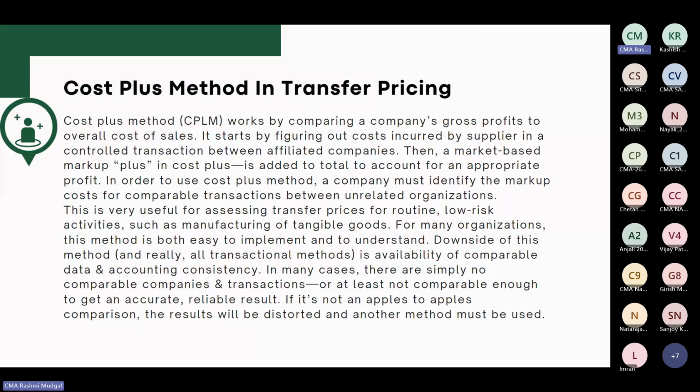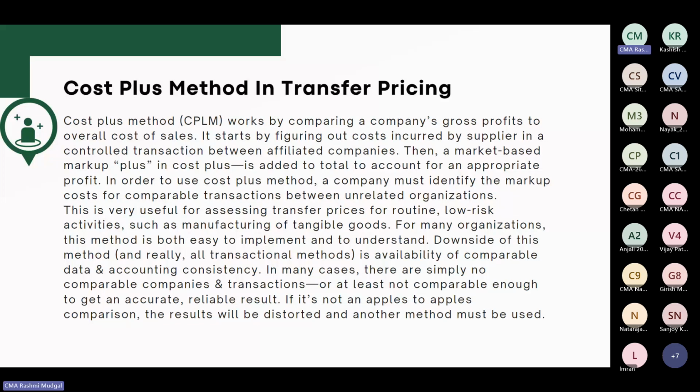Cost plus method in transfer pricing. What exactly is it? The cost plus method works by comparing the company's gross profit to the overall cost of sales. So we compare the profit percentage with the sales, and see this will be the percentage on my cost which I'm going to take from another division also.